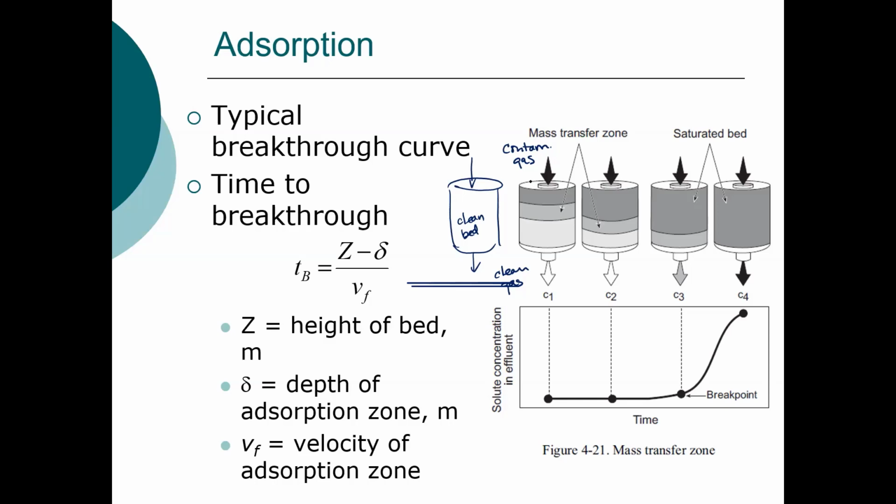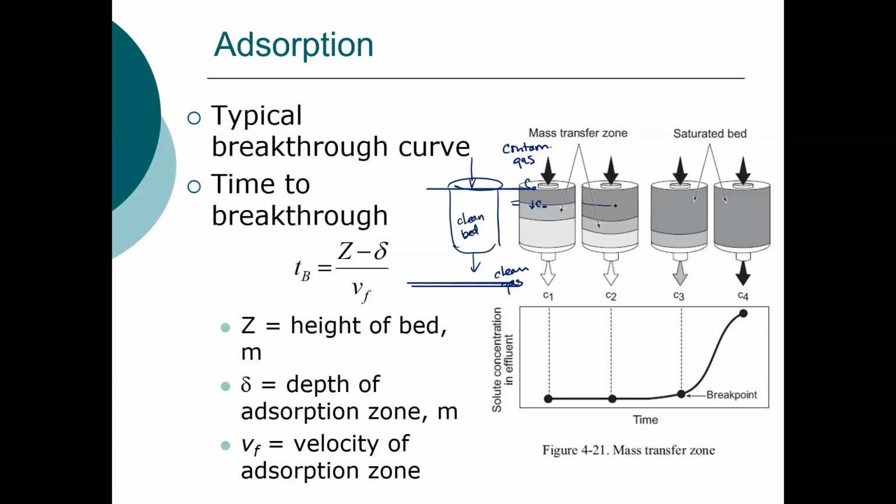So here we have C naught entering. From this point here, once we've exhausted all of the sites, if we had a port out here and measured the concentration, it would be the same as our influent concentration. We're achieving no additional removal. So we're getting removal below, but we're not getting removal in some portion of the top of the bed.